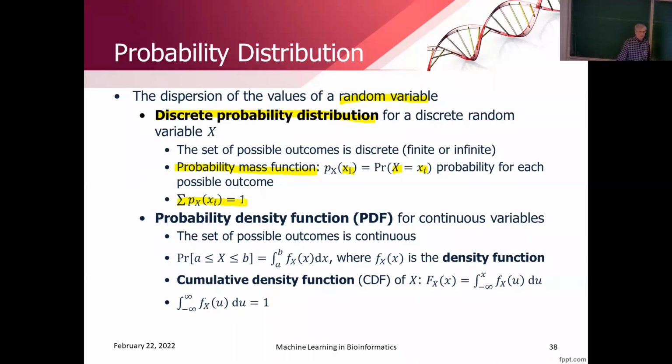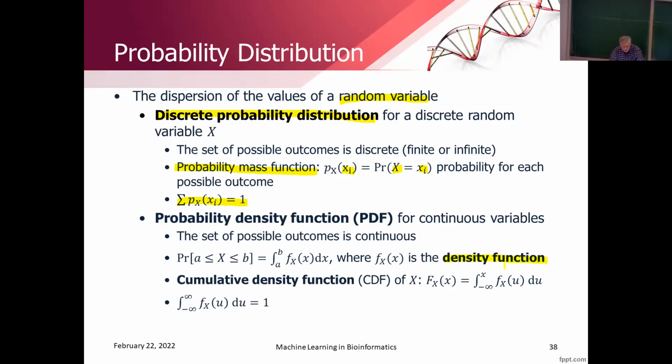For continuous variables, where the variable can be, for example, a real value from some interval, the probability for a single value is how much? Usually 0. It need not be that, but it's usually 0. So for describing a continuous random variable, instead of a probability mass function, we use a density function.